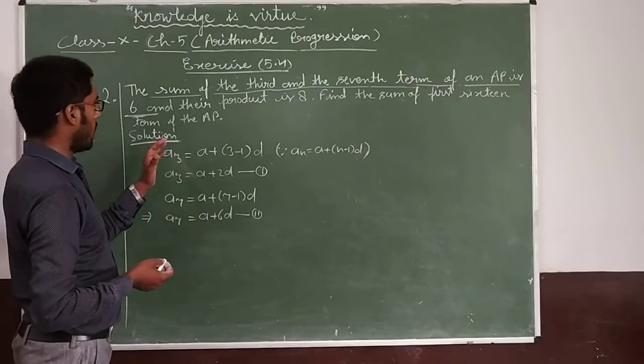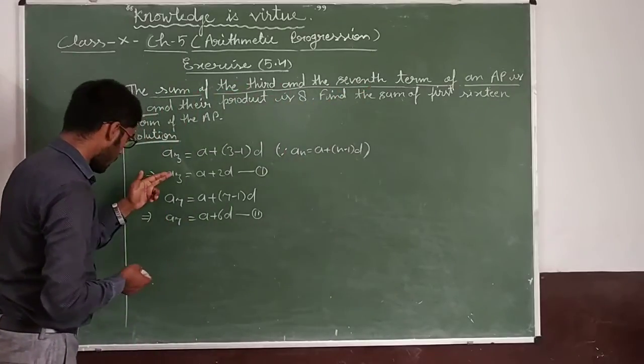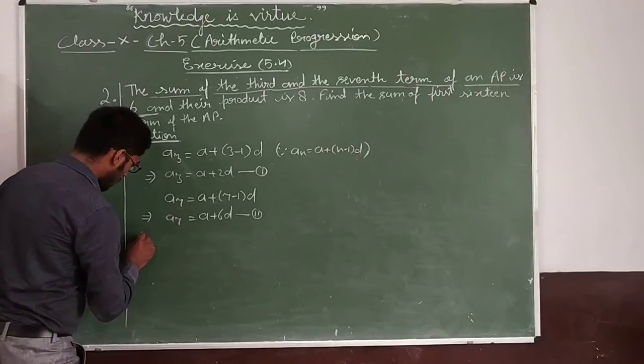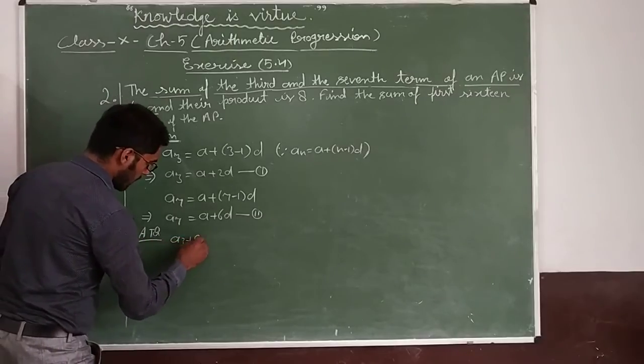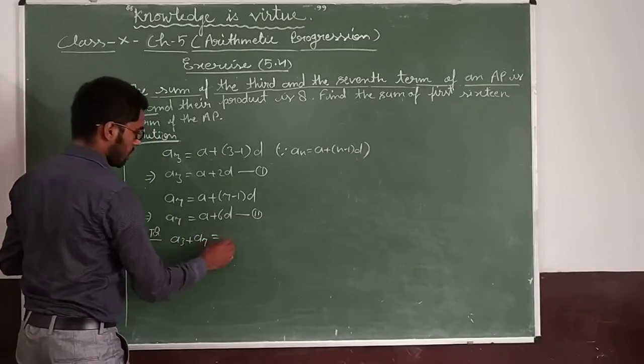Now the condition was that the sum of the third term and seventh term is 6. So A3 plus A7 is 6.